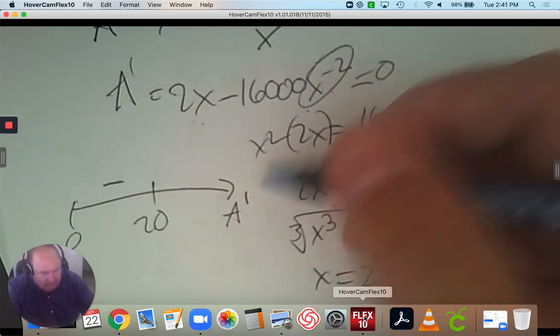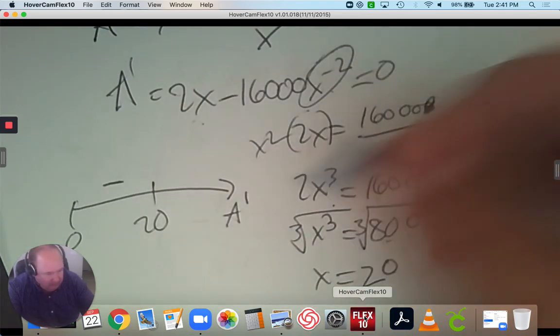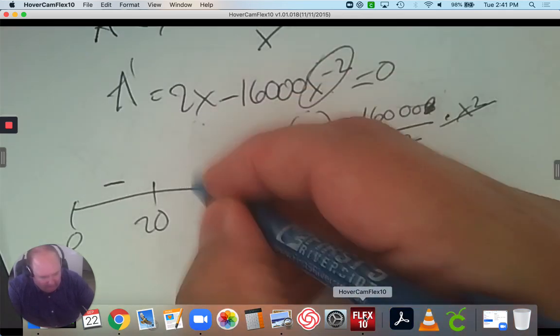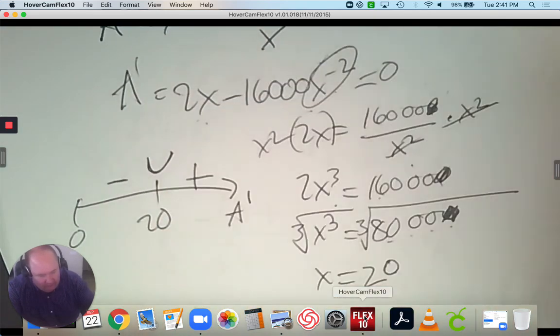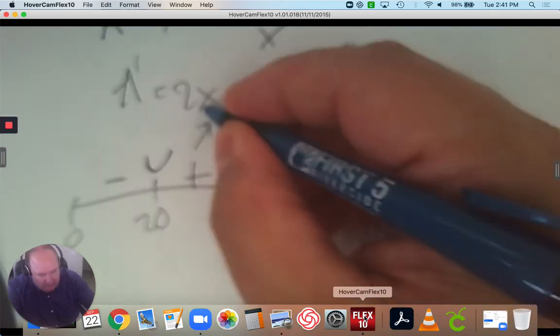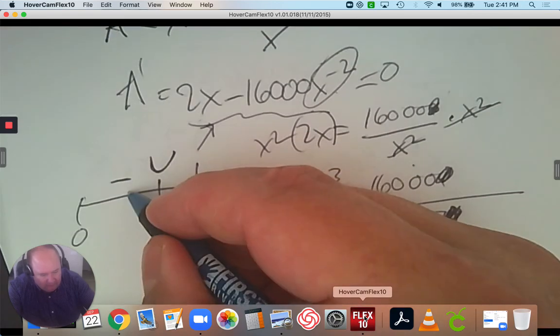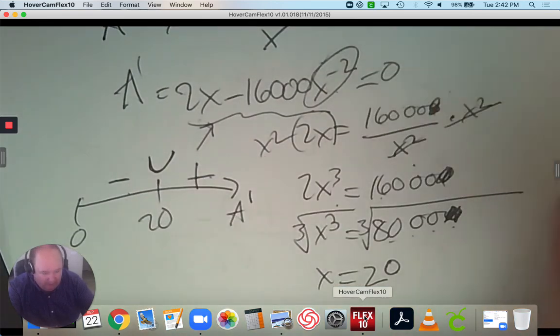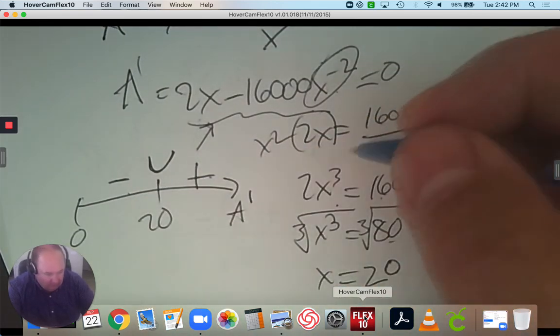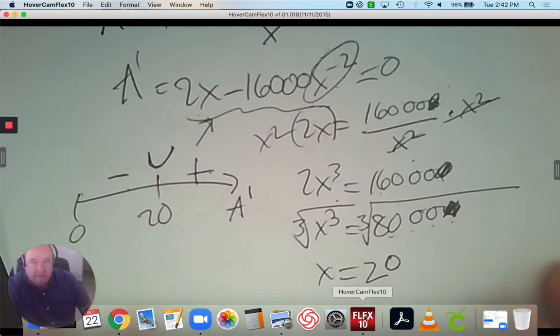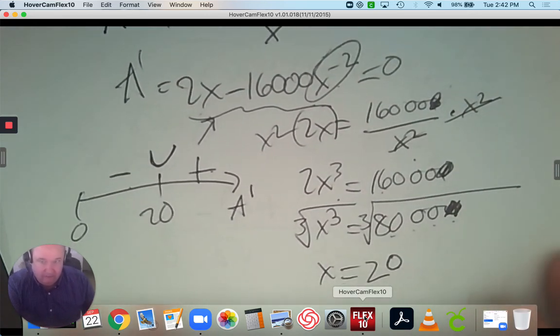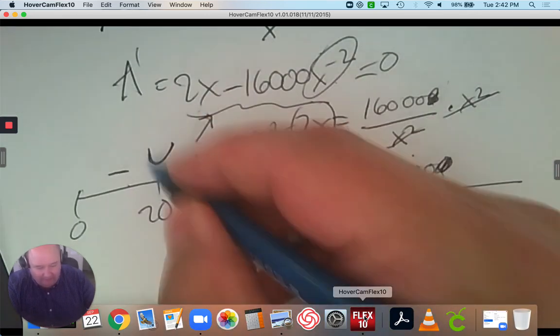And if I plug in a number like 50 or 60, whatever, I get a positive answer. So this creates a minimum. So again, you plug in a number here and see if the answer is negative or positive. If you can't do it in your head, then take your time, write it out, use a calculator if you have to, to see that it's a minimum.